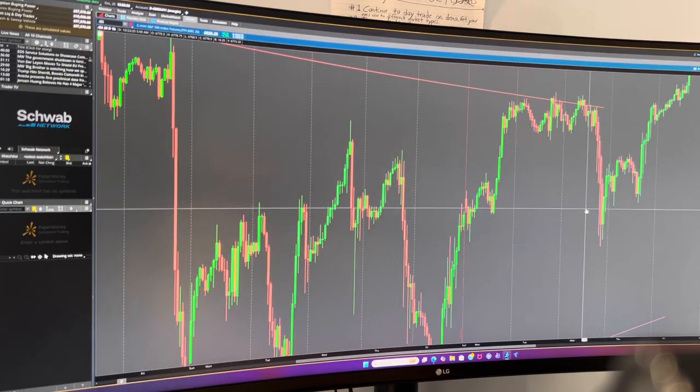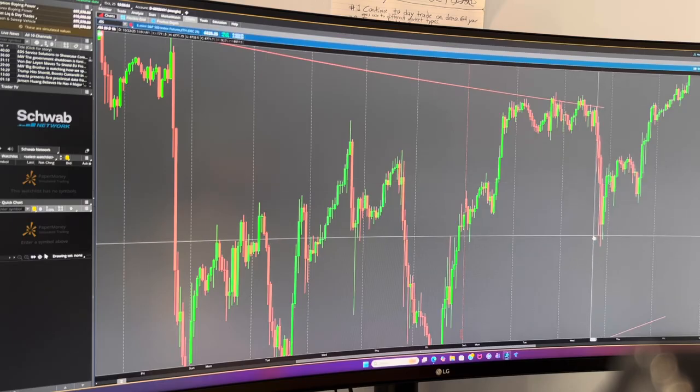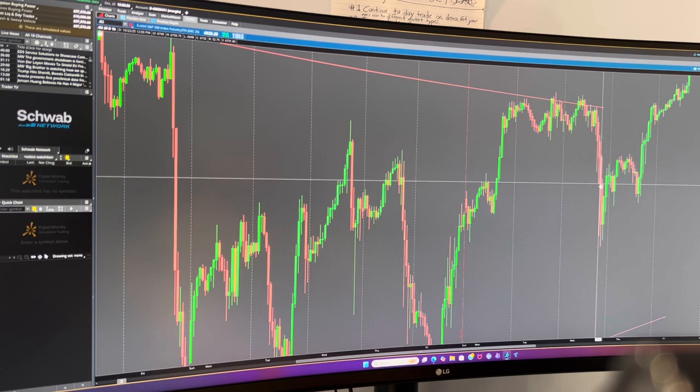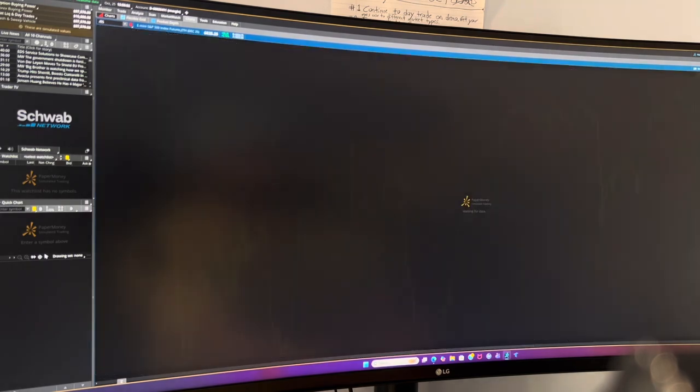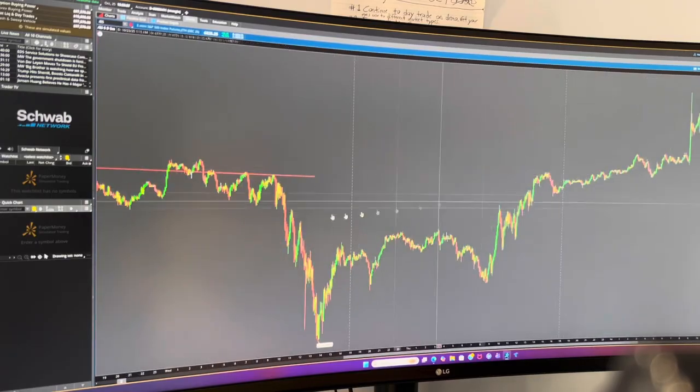So you're probably thinking, look, I held it through all this. 6,697. It got bought all the way back up to 6,730. At that point, when I go to the 5-minute chart, let's go back here. Let's look at it again.